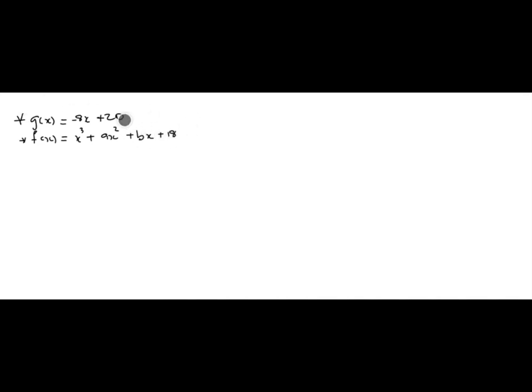I'm told that this function g of x is actually a tangent, and that this is the tangent of this function at x equals 1. So of course, what we're looking for will be the values a and b. And how do we do that? With the information that's given to us. Pretty easy.